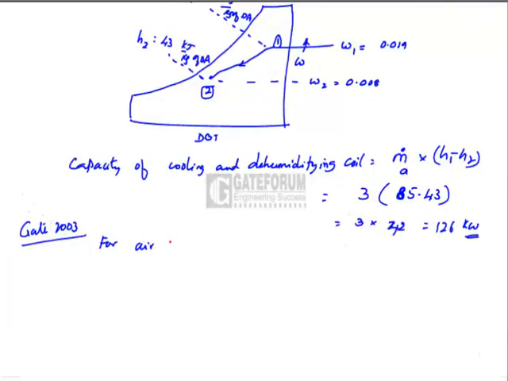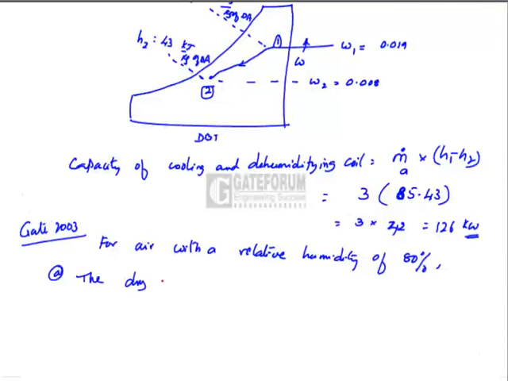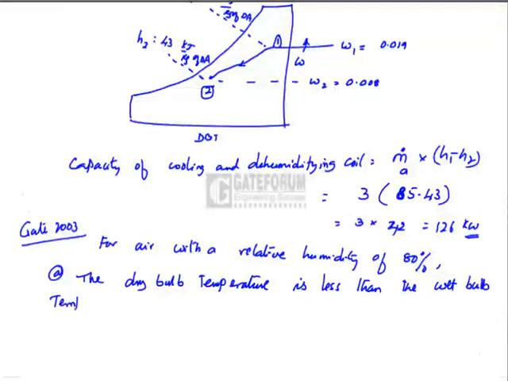For air with a relative humidity of 80%: A, the dry bulb temperature is less than the wet bulb temperature.